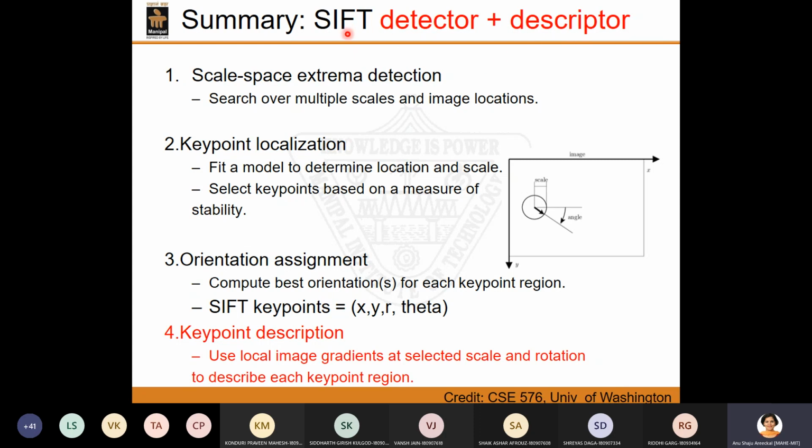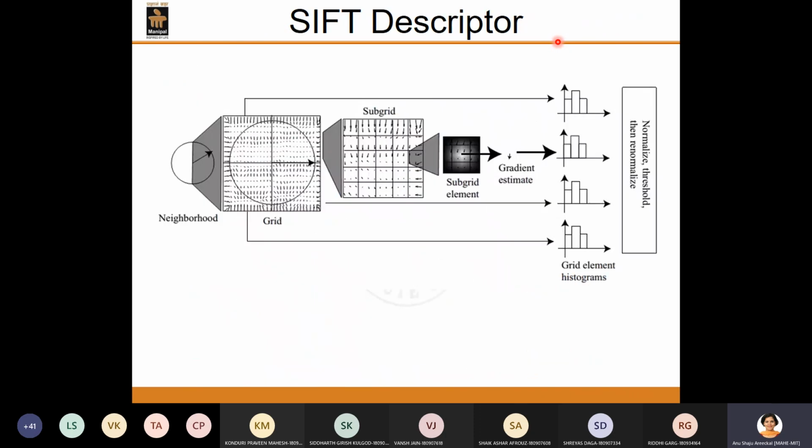The aim of the SIFT detector is simply to find key point locations in an image. The descriptor takes whatever key points have been identified, using any method, and forms a description of the neighborhood. So I'll go to the SIFT descriptor over here.